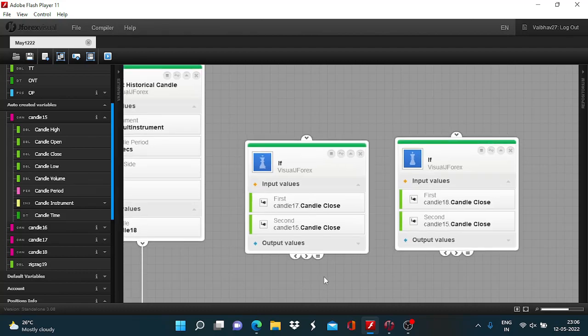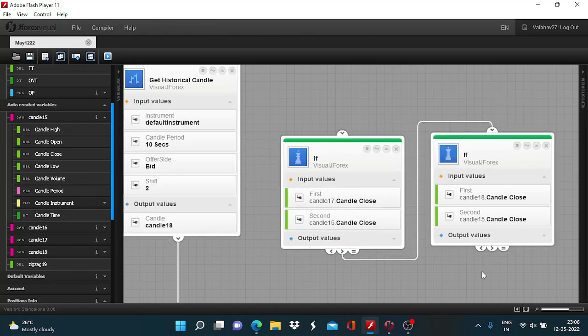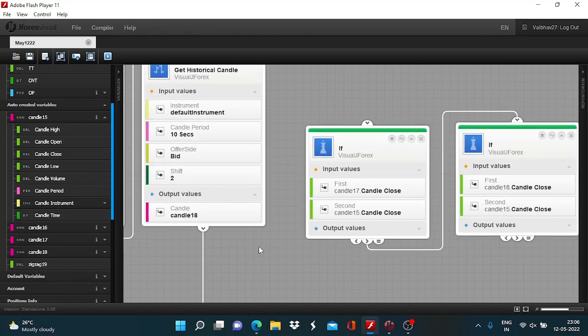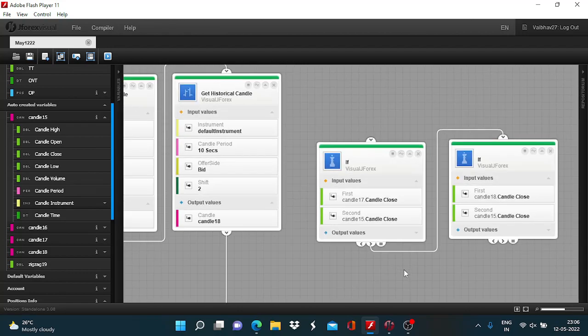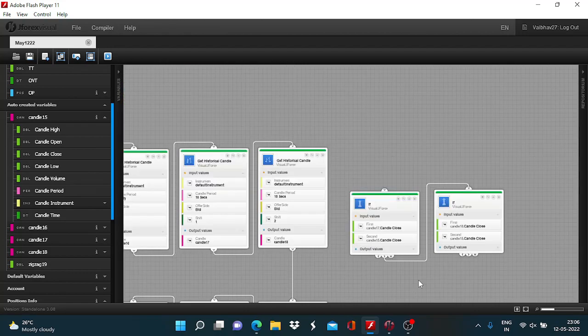So this is going to be first input greater than second input, whereas candle 18, which is the penultimate 10-second candle, it should have closed on the lower side.